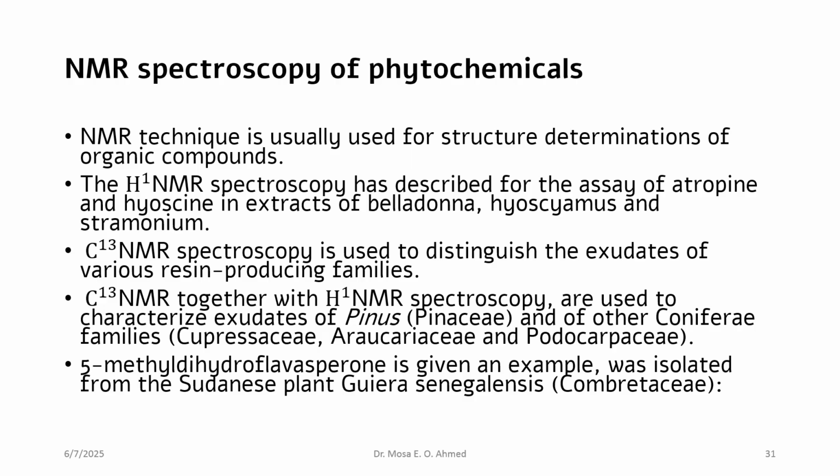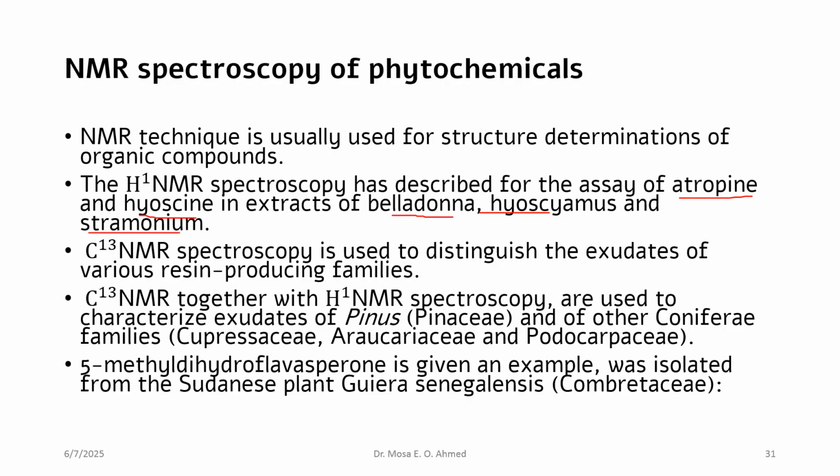An example of the application of NMR spectroscopy is in the identification of natural products. There are several examples of the use of proton and carbon-13 NMR in this field. Proton NMR spectroscopy has been used in pharmacopoeias or in literature for assay of atropine and hyoscine in extracts of belladonna, hyoscyamus, and stramonium.